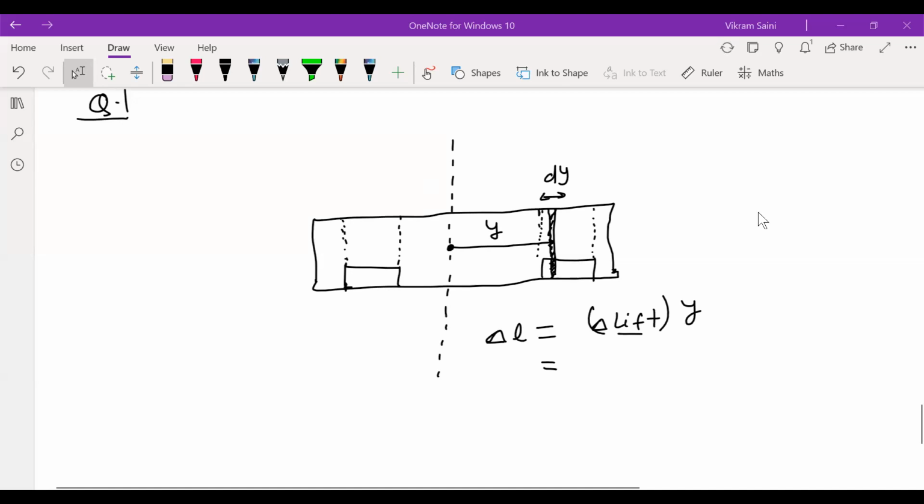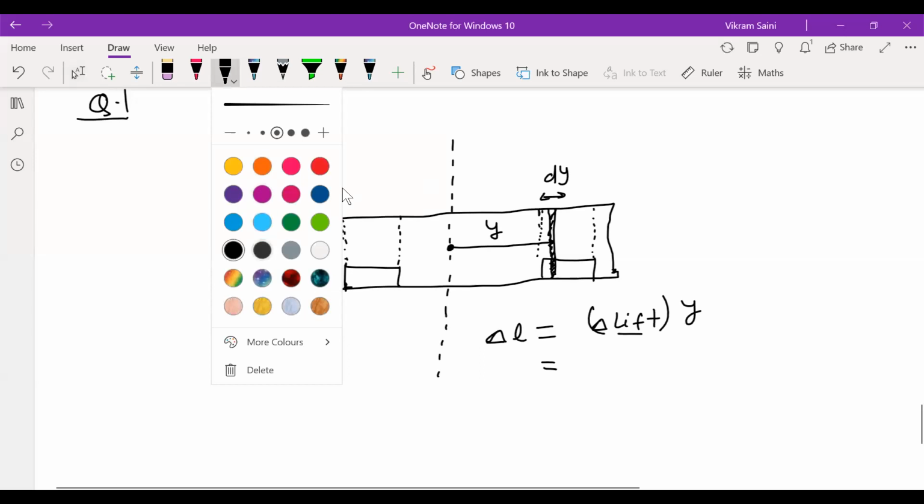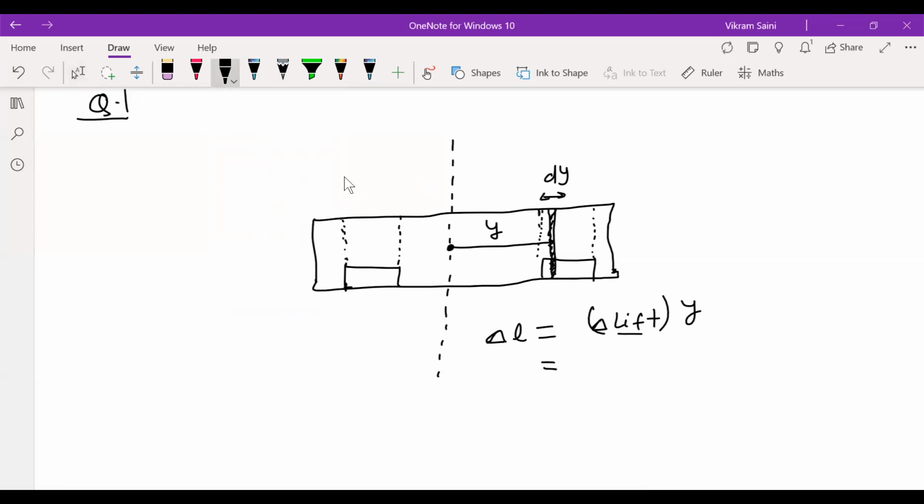So I'll go over this again. The situation is like this. This was your wing. Now your wing has two ailerons, one on the right, one on the left. When you deploy the aileron, the camber changes in these two parts of the wing section.